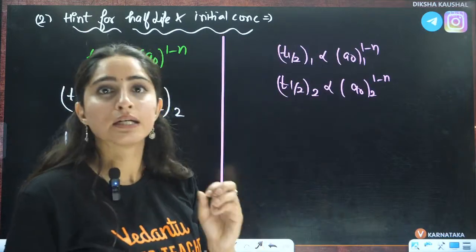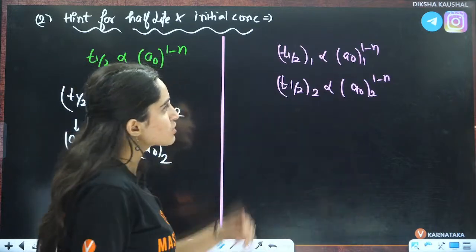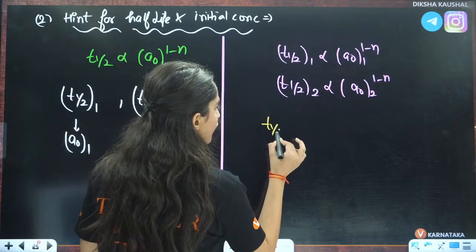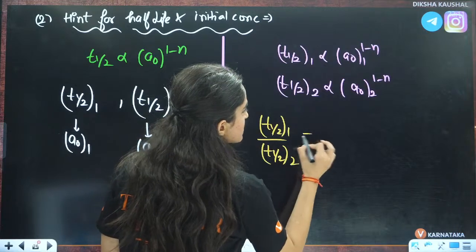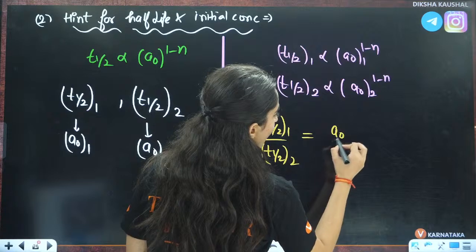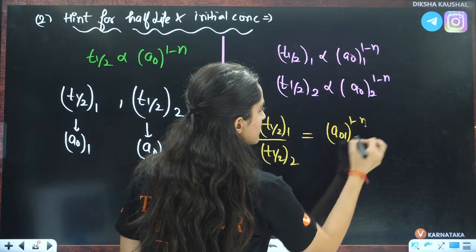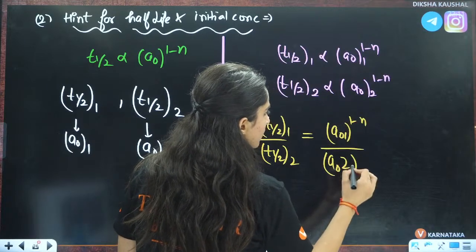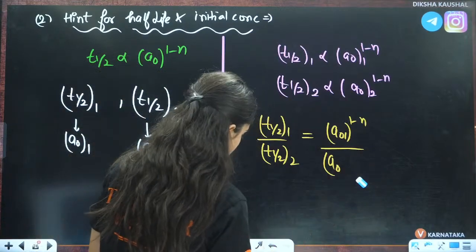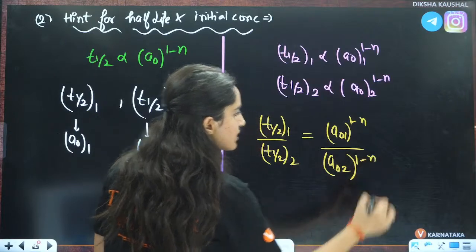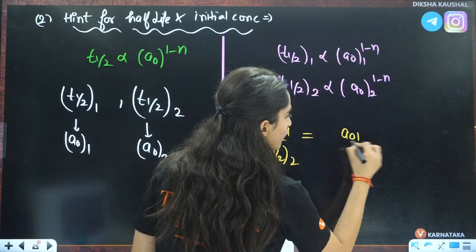Now you just divide these two things, you will get T half 1 divided by T half 2 is equal to A naught 1 to the power 1 minus n over A naught 2 to the power 1 minus n. Take 1 minus n common, it will be A naught 1 by A naught 2.